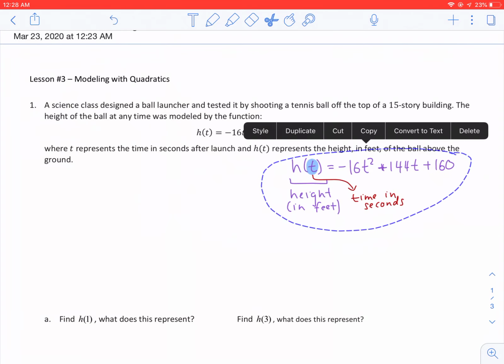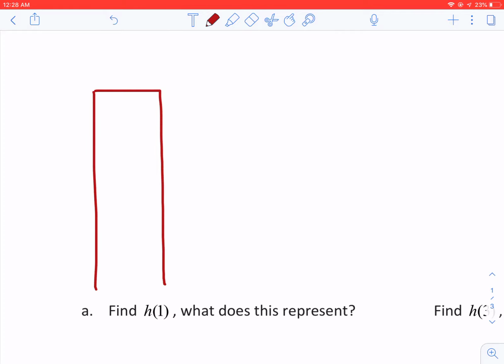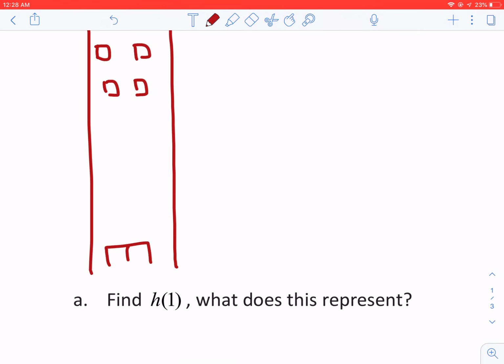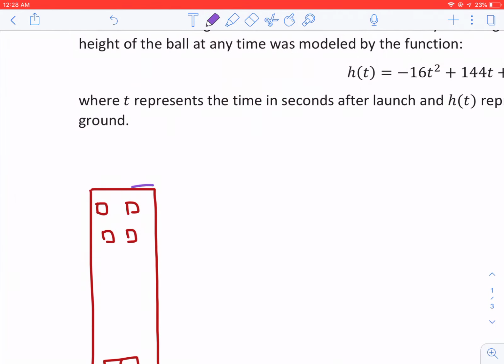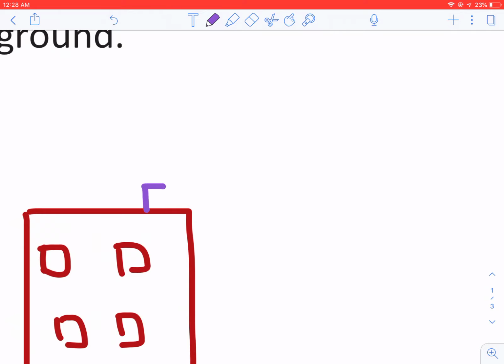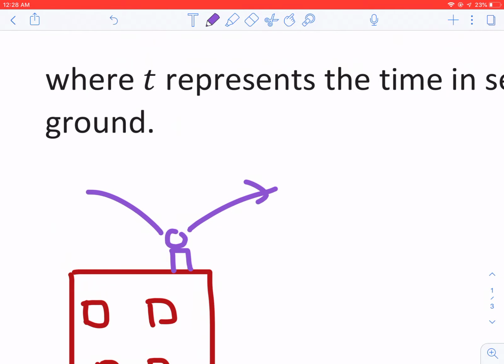So let's draw a picture of what's going on here. We have a building, a 15-story building. I'm going to draw in some windows, and a nice door here. And we got this ball launcher. I don't know what the ball launcher looks like. Maybe it looks like this. It doesn't matter if they shoot it straight up and it comes straight down, or they shoot it to this side or that side.